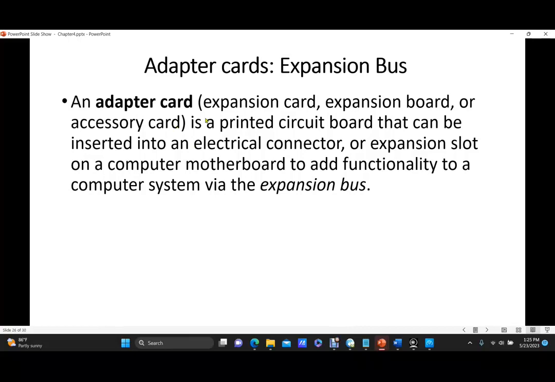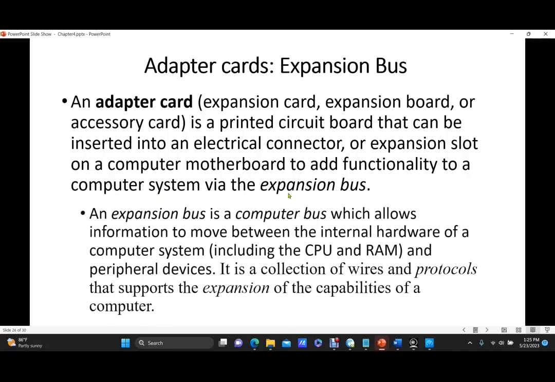An adapter card, expansion board, or accessory card is a printed circuit board that can be inserted into an electrical connector or expansion slot on a computer motherboard. They're used to add functionality to a computing system using the expansion bus.